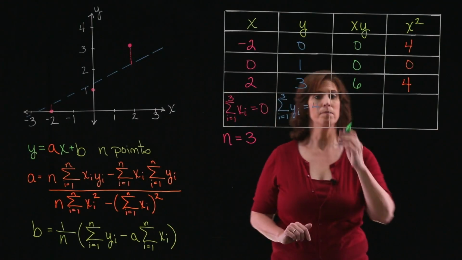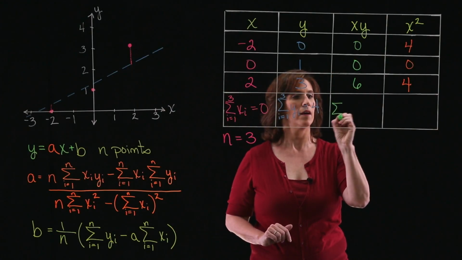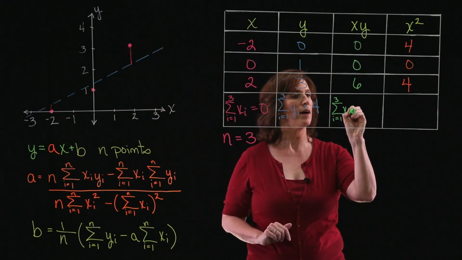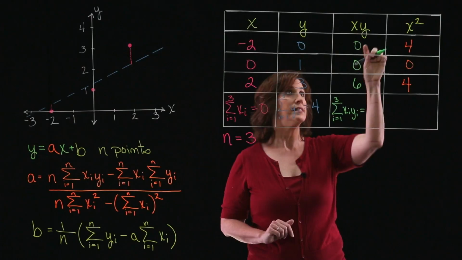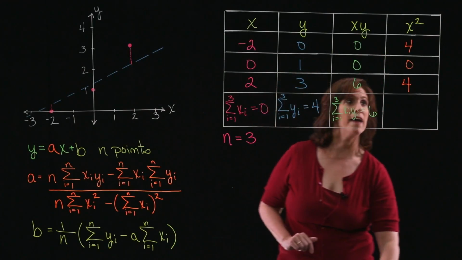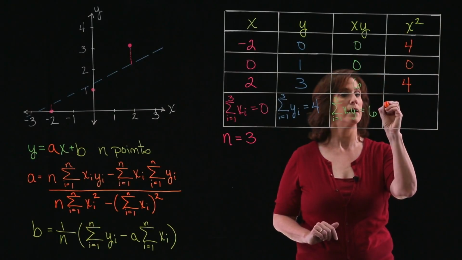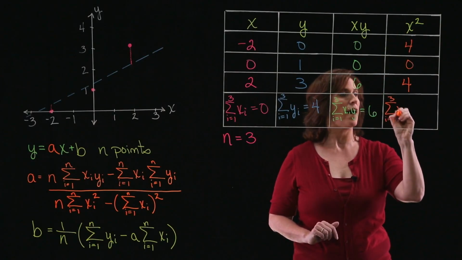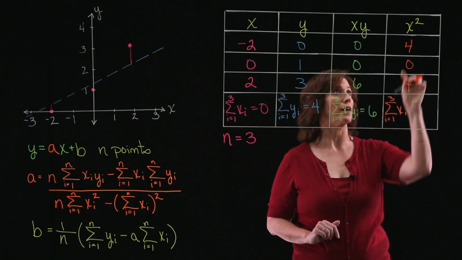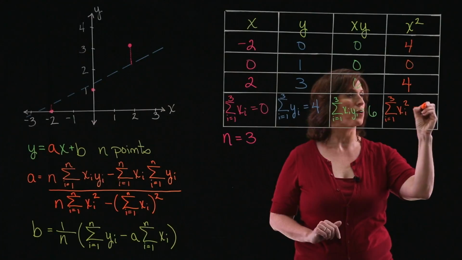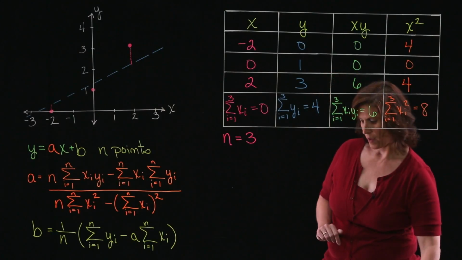We'll do the sum from i equals 1 to 3 of x sub i, y sub i: 0 plus 0 plus 6, that's 6. And finally, we'll sum up i equals 1 to 3 of x sub i squared. So that will be 4 plus 0 plus 4, which is going to be 8.